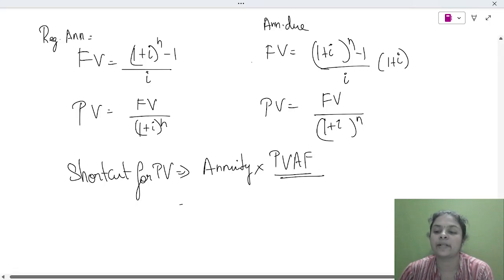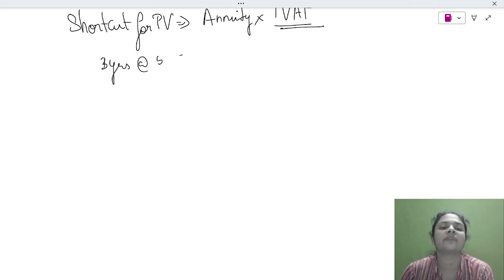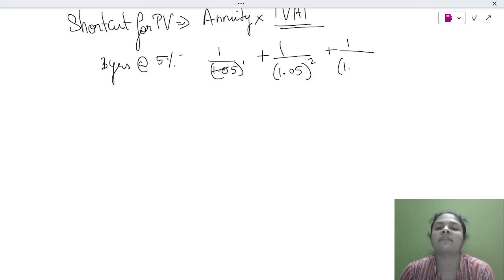For example, annuity for say 3 years at 5% அப்படின்னா 1 divided by 1.05 the whole power 1 plus 1 divided by 1.05 the whole square plus 1 divided by 1.05 the whole cube. This total is called as present value annuity factor.